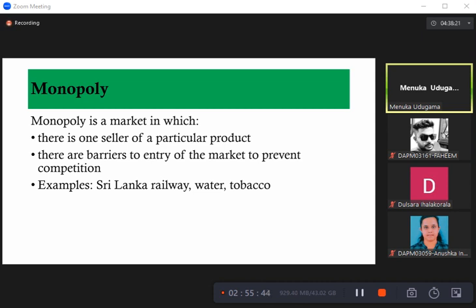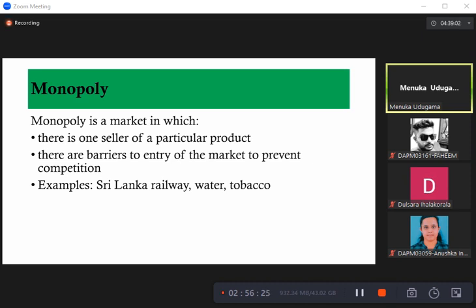So in a monopoly, you find only one seller of that particular product, and this type of a market has very, very high market power because that firm can decide what to produce, how much, at what price. Those things you can decide freely. Right. For example, railway in Sri Lanka, water, tobacco.